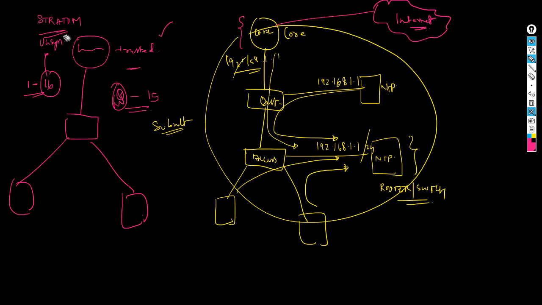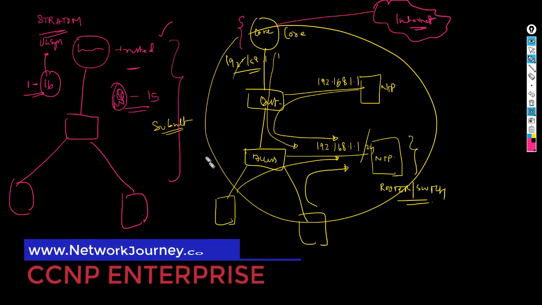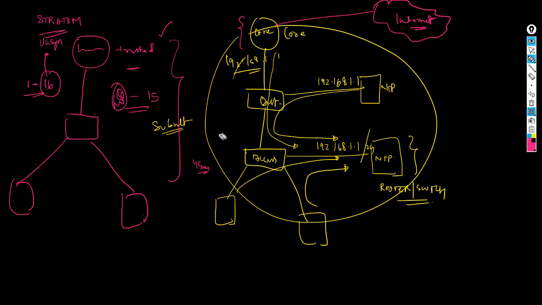That means something is wrong with your configuration, or they are simply not synchronized yet, because NTP sometimes takes up to 45 minutes to synchronize. It's not that they are carrying heavy packets; the working is just very slow. Sometimes it takes 45 minutes to see the synchronized status.